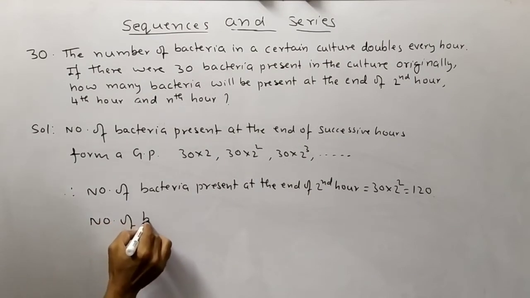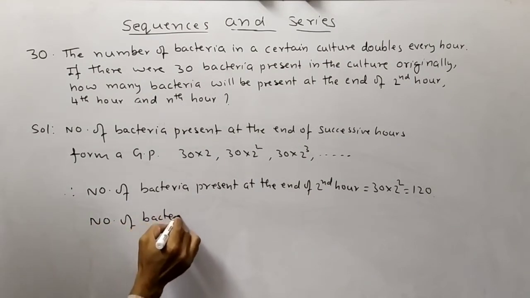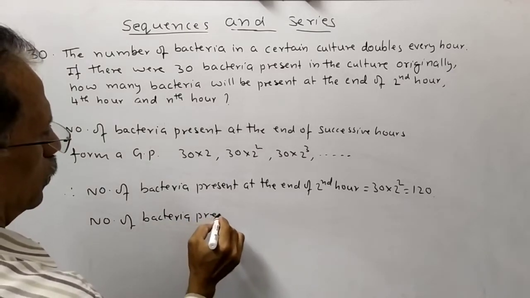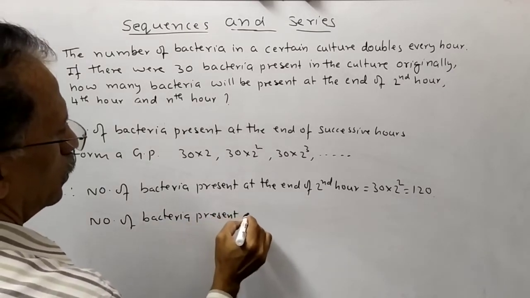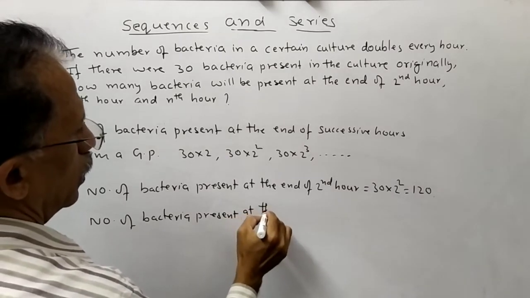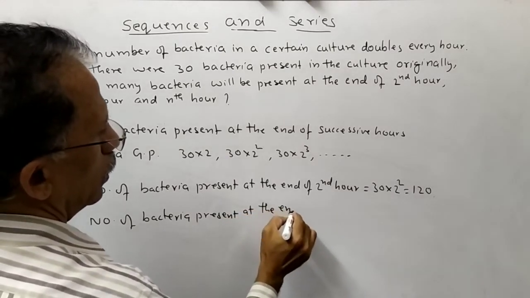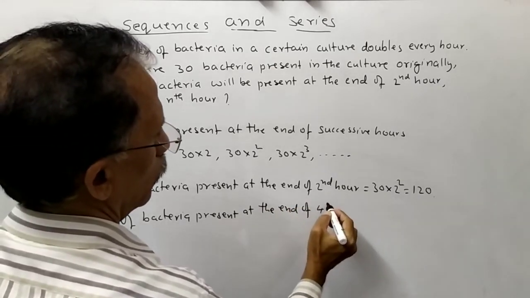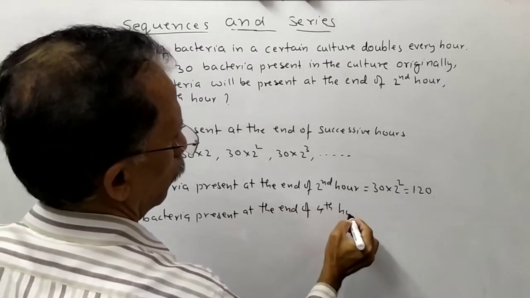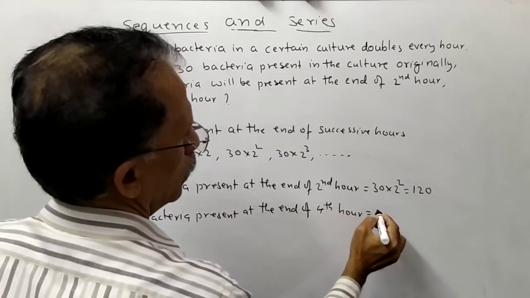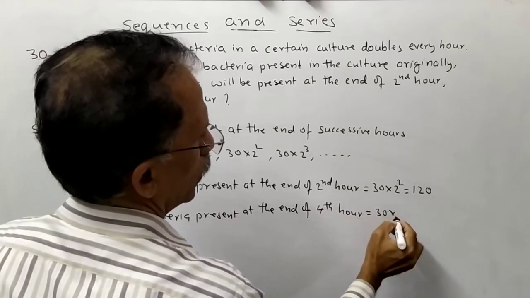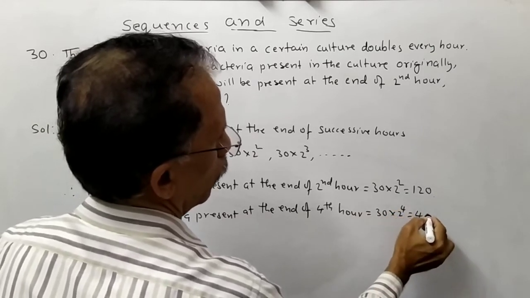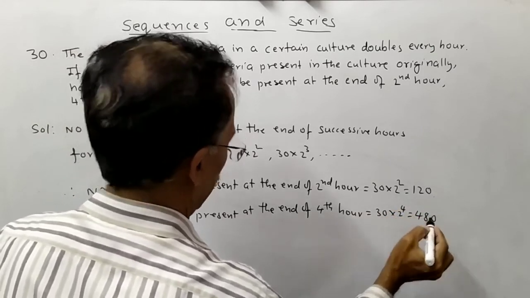Number of bacteria present at the end of fourth hour is equal to 30 into 2 raised to the power 4 is equal to 480.